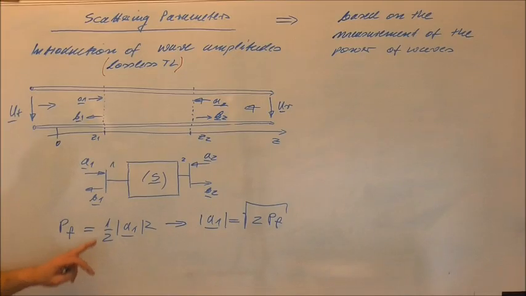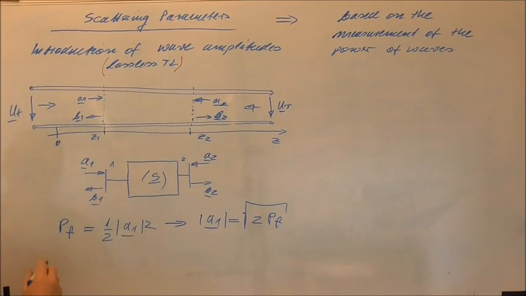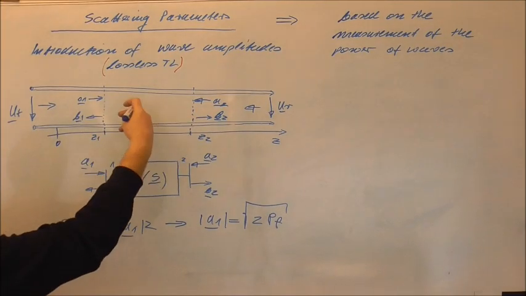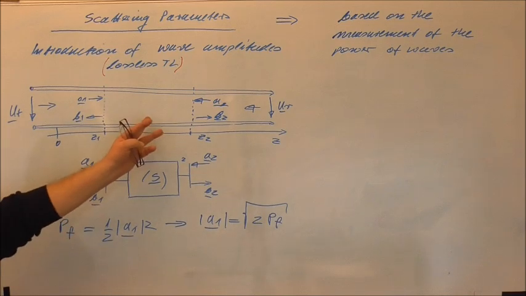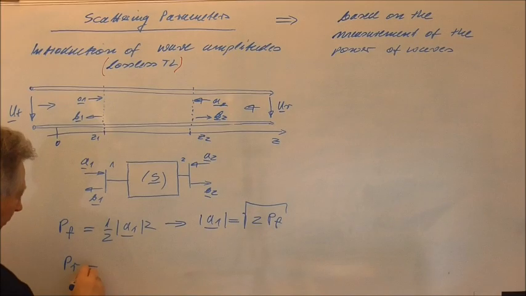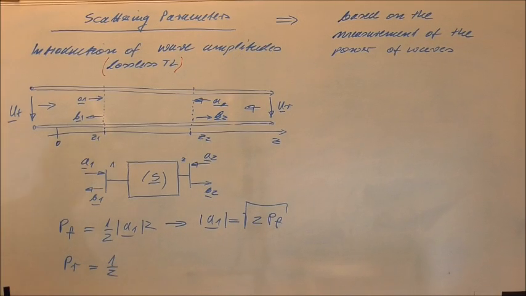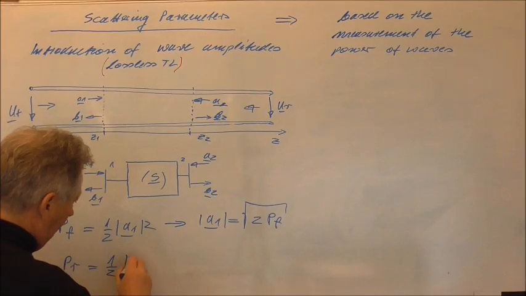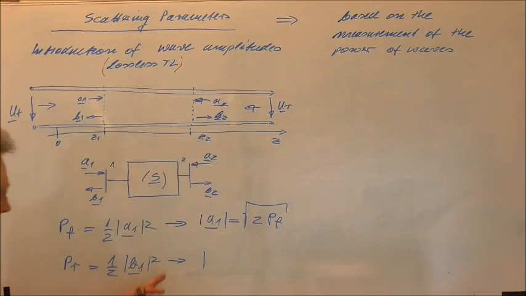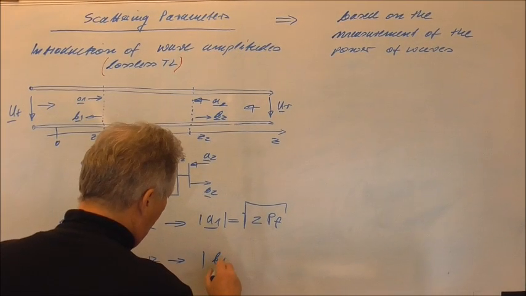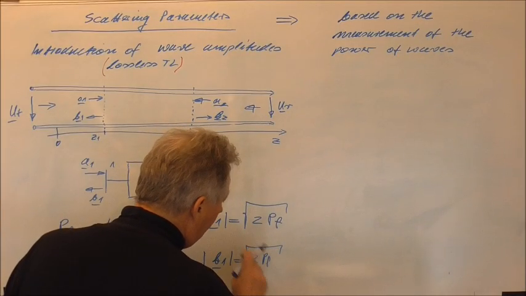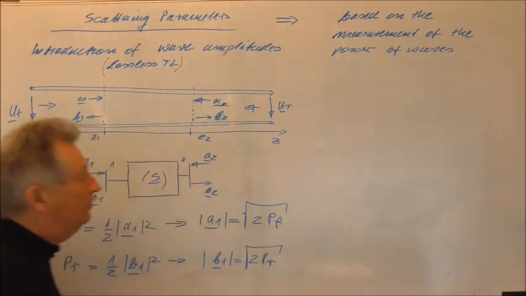And in principle, we can also use similar equations to define the wave amplitude B1. So, of course, you see the wave amplitude B1 is given by the power of the reverse traveling wave. So we will have PR, the power of the reverse traveling wave, given by 1/2 B1 squared, and also here we would get that the absolute value of B1 would be the square root of 2 times the power of the reverse traveling wave.